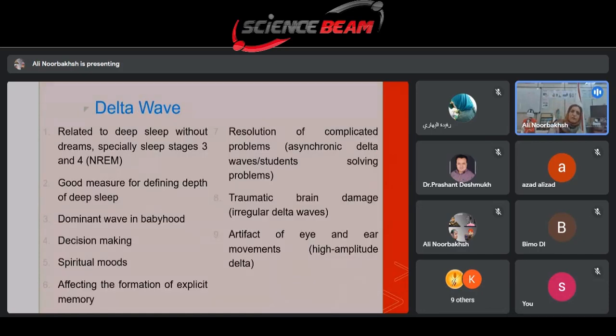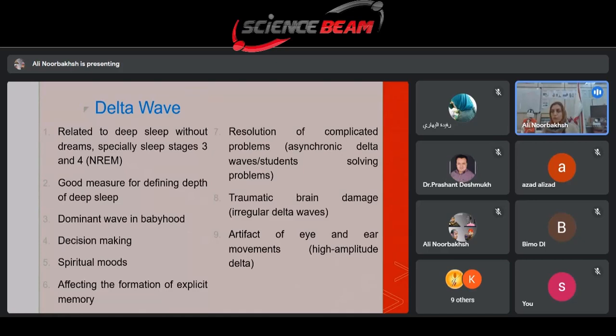Delta wave is related to sleep without dreams, especially sleep stages 3 and 4. It is a good measure for defining depths of deep sleep, the dominant wave in babyhood, decision making, affecting the formation of explicit memory. It's very important.